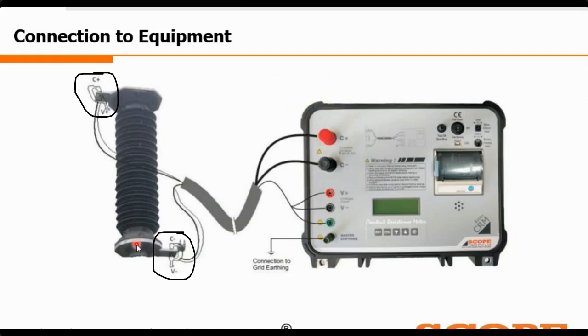You have to connect the C plus or C minus, any one at the center, and outside you will be keeping the other terminal. So if you have kept the C plus in the center, then C minus will be going to the outside flange. So you can get the resistance of the 765 kV one interrupter. Yes, exactly.